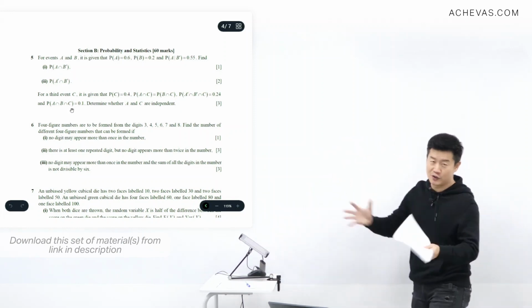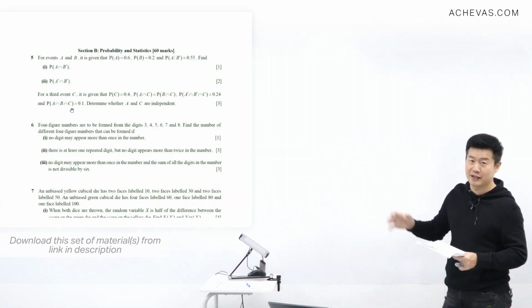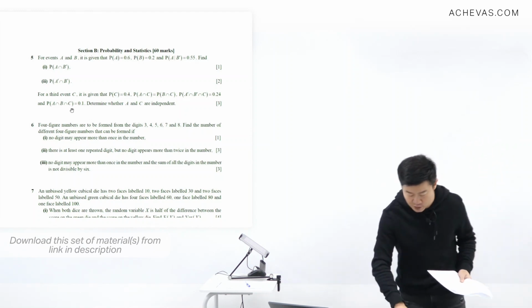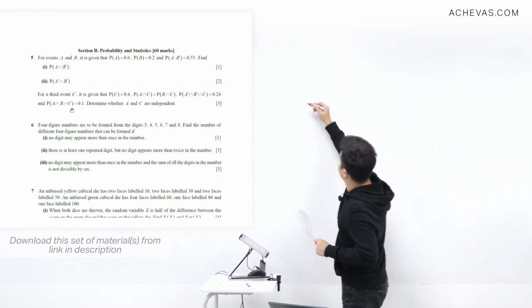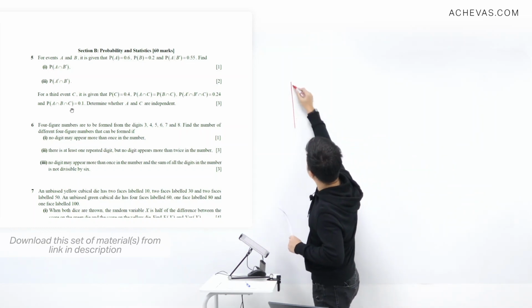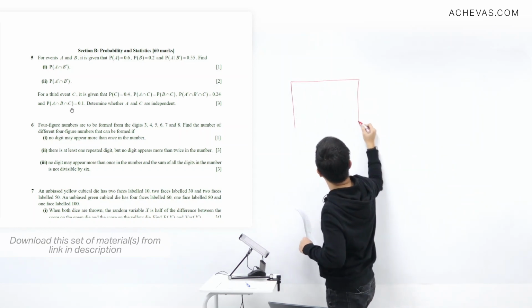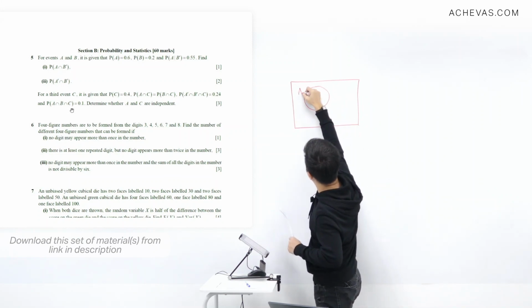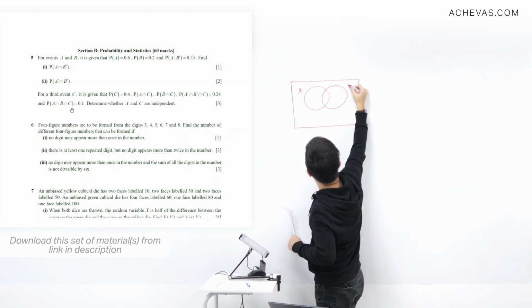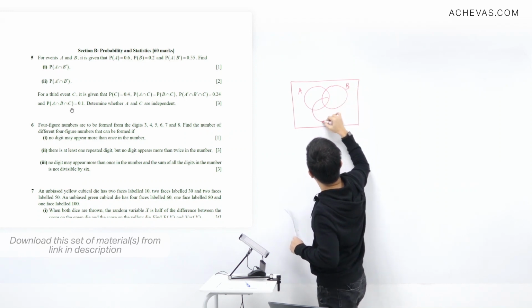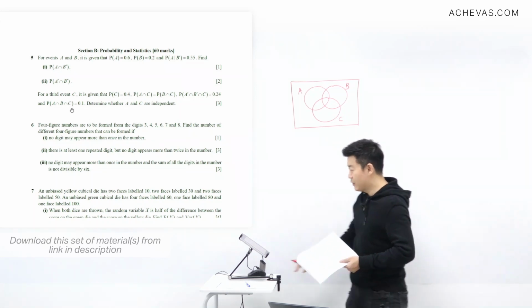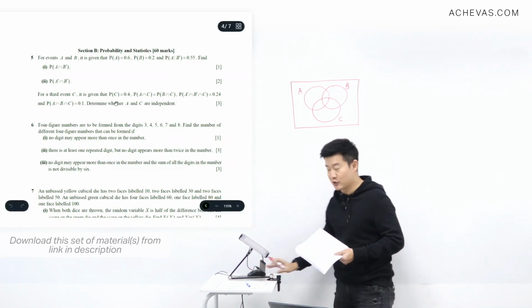Let's just try to consolidate all these pieces of information on a Venn diagram. Let me try to do a sketch of the Venn diagram. We have 3 circles now. So let's say here we have A, and let's say this is B, and here this is going to be C. The information that is given to me is P(C) is equal to 0.4.